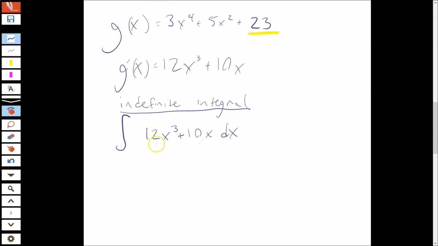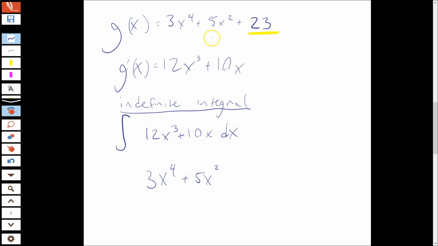We're going to take the antiderivative, which would mean, let's say I add 1 to the exponent, right? So I know that my antiderivative is going to be x to the fourth. And if I were taking the derivative, I would multiply by 4, but I'm doing the opposite, so I'm going to divide that 12 by 4, right? So I get 3x to the fourth, and then we know this term is going to be an x squared term, and I'm going to divide by 2, so I get 5x squared.